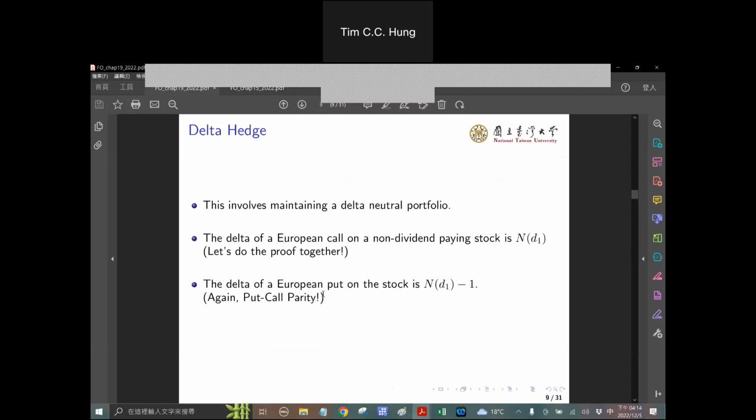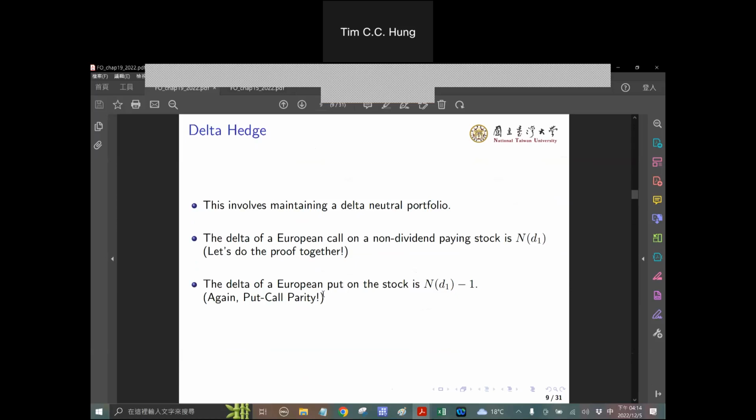What is the formula for a European call option? C equals S0 N of d1 minus K multiplied by exponential of negative rT multiplied by N of d2. Now let's take the partial derivative with respect to the underlying asset's price, partial C over partial S0.